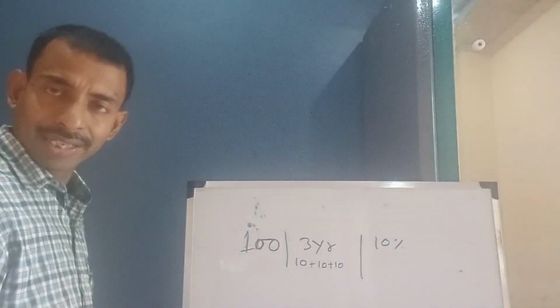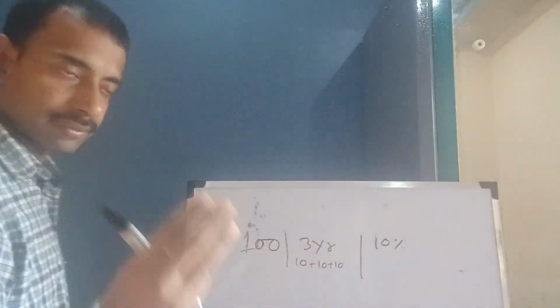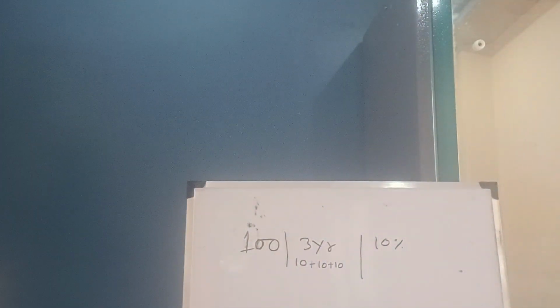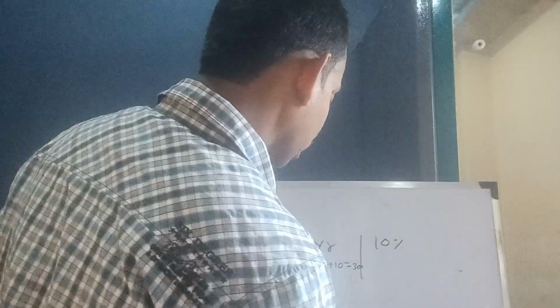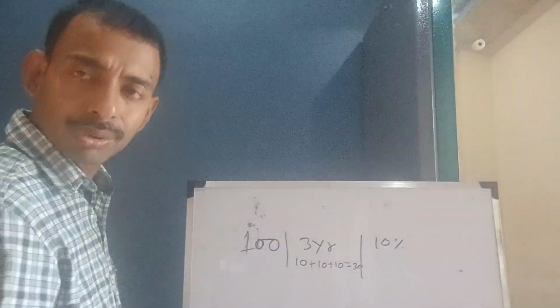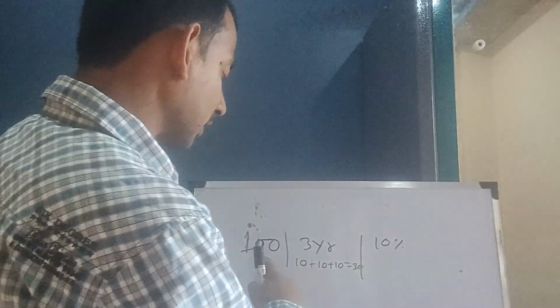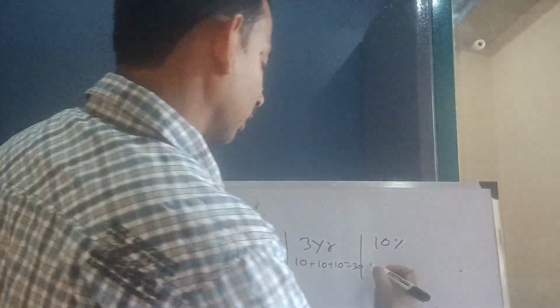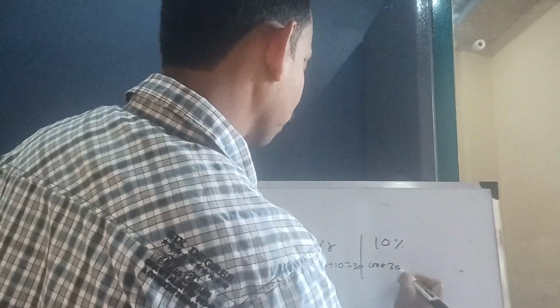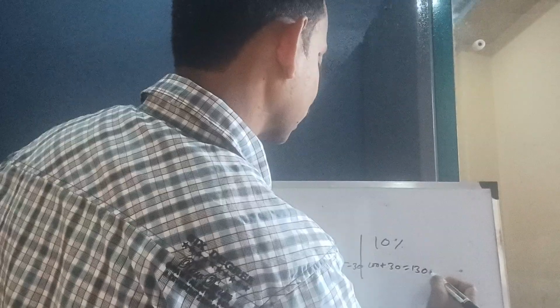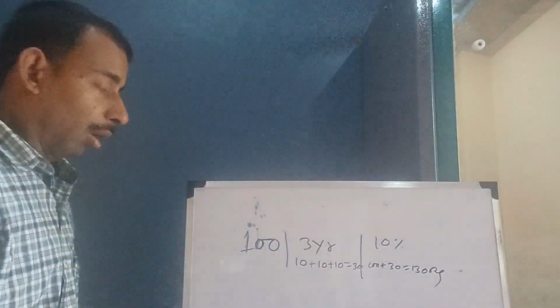So after the end of 3 years, you would get total interest of 30 rupees. So if you consider the total return after 3 years, that is principal plus total interest, that is 100 rupees principal and total interest 30 rupees, that is 130 rupees. You would get this return after the end of 3 years.